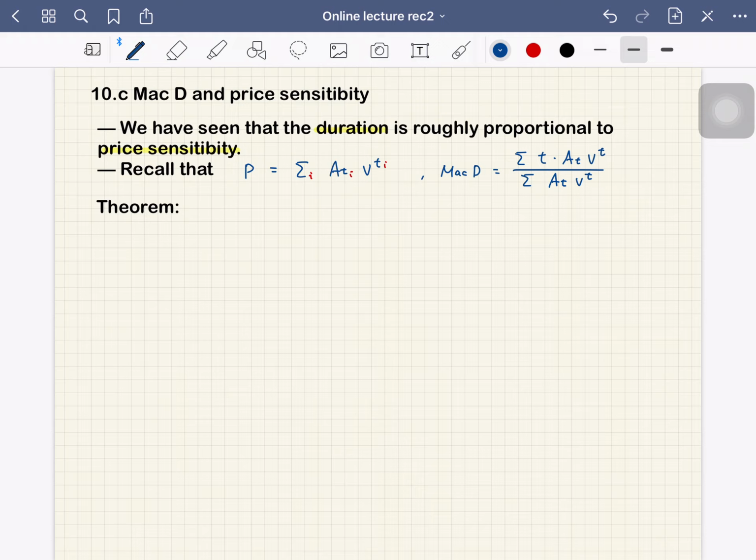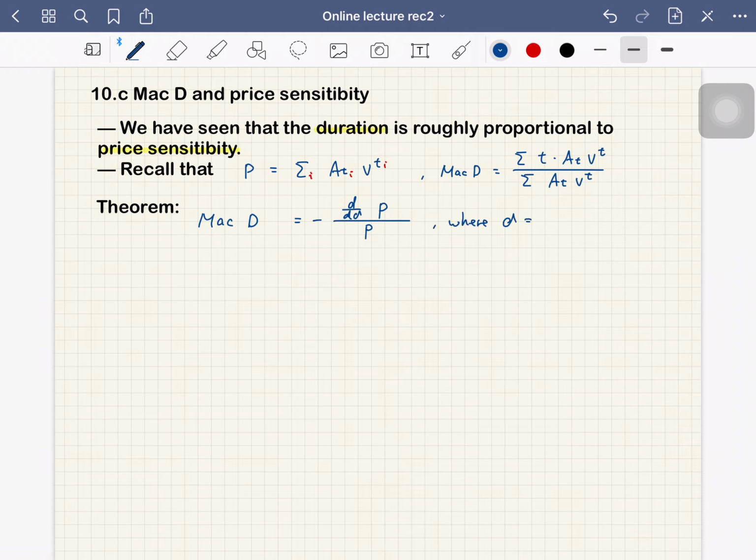So now we want to derive something about Mac D, and we want to show price sensitivity. Duration represents the price sensitivity, and actually we have a kind of beautiful theorem: Mac D is equal to negative of the price sensitivity, d delta P over P. Here delta is not really i, but delta is the force of interest.